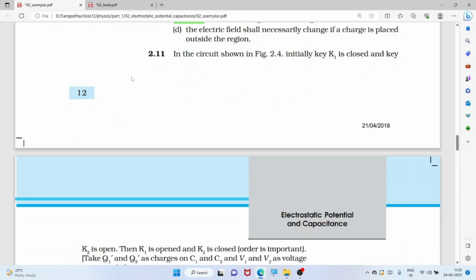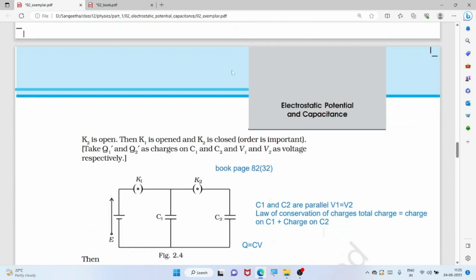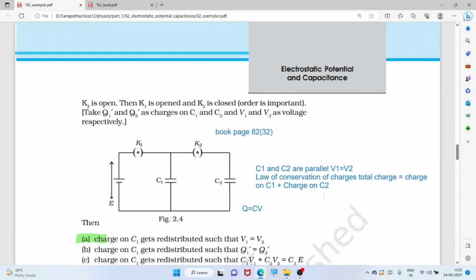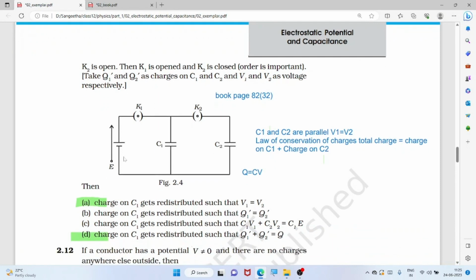Question 2.11. In the circuit shown below, initially key K1 is closed and K2 is open, then K1 is opened and K2 is closed. When K1 is closed, the capacitor will get charged.